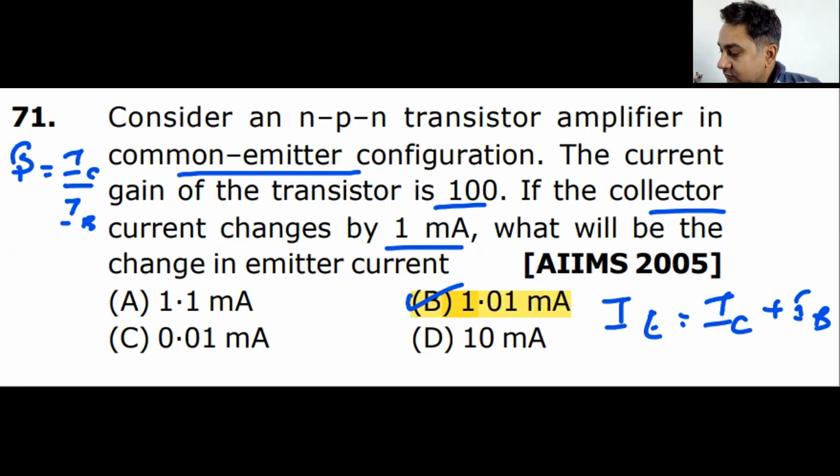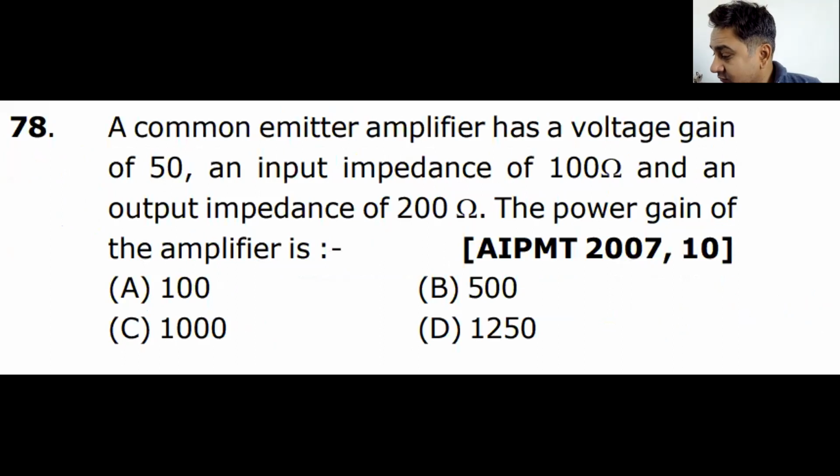Let's see who solves this one, sir. This was a 10 marks question. Let's see who gets 10 marks here. A common emitter amplifier has a voltage gain of 50 and input impedance.